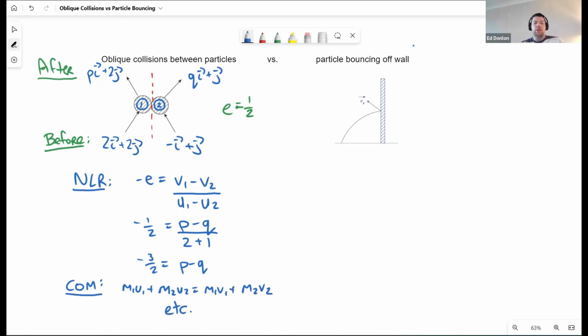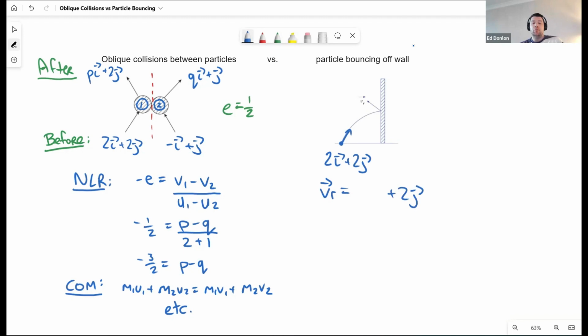However, one thing that can be a little bit confusing here is when we deal with the particle bouncing off a wall. So say I have a particle bouncing off a wall and I have the same velocity as particle 1, the same initial velocity, 2I plus 2J. What we're taught to deal with here is that my rebound velocity's J component is going to stay the same when I hit a vertical boundary, so that's plus 2J.